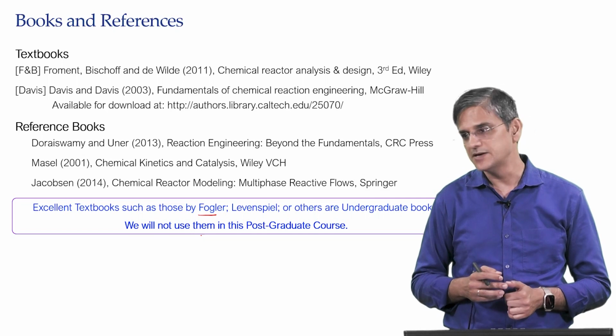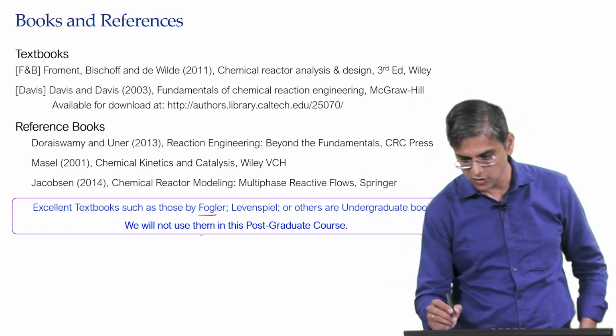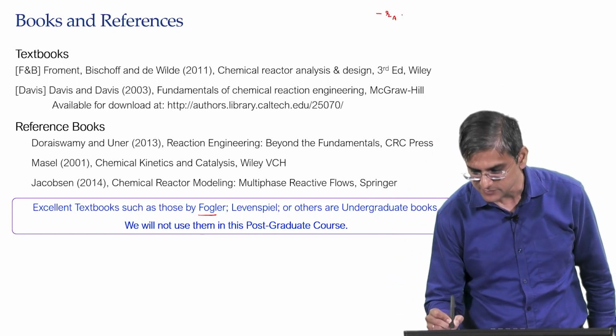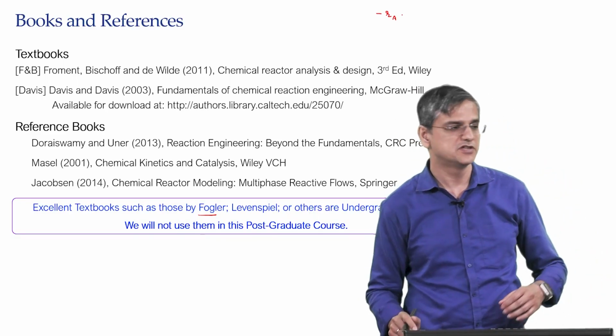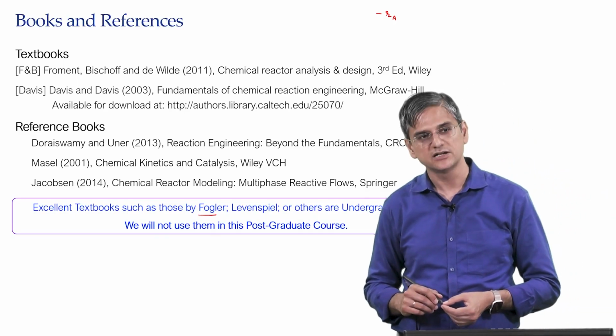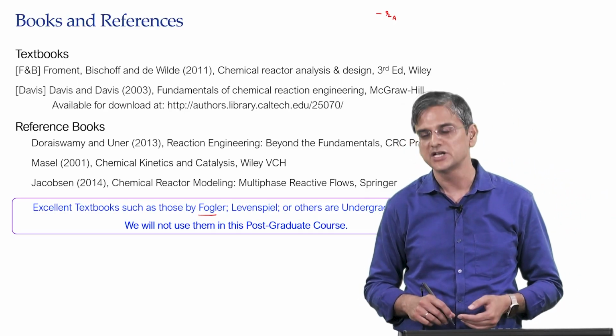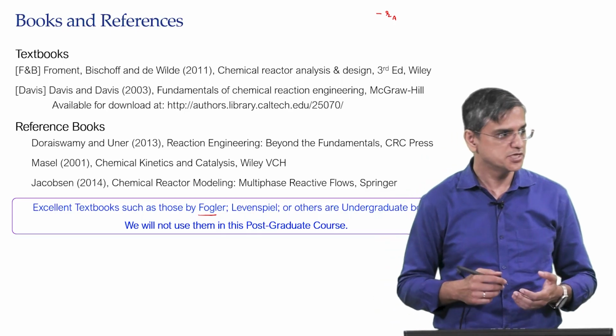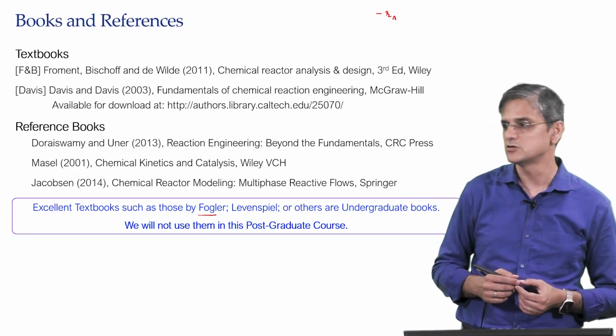For example, the whole concept of RA hinges on the definition of A as the limiting or the primary reactant in a particular reaction. But there are a lot of situations in which that particular thing doesn't hold.